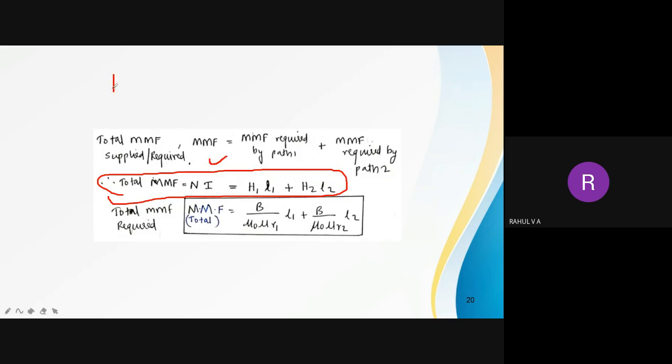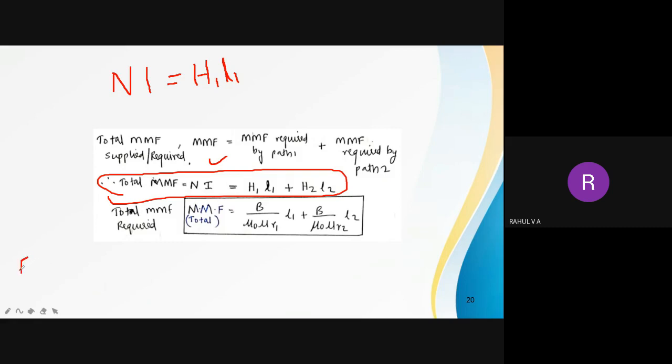So MMF is normally given, for an electromagnet, by N into I, where N is the number of turns and I is the current, and it is equal to the MMF required by path 1. So we have another formula for MMF, H1 L1, H into L. So for MMF, we have many formulas.